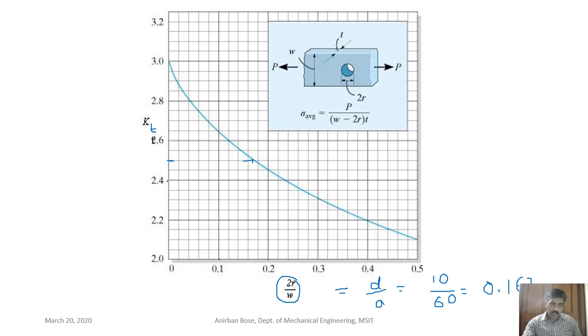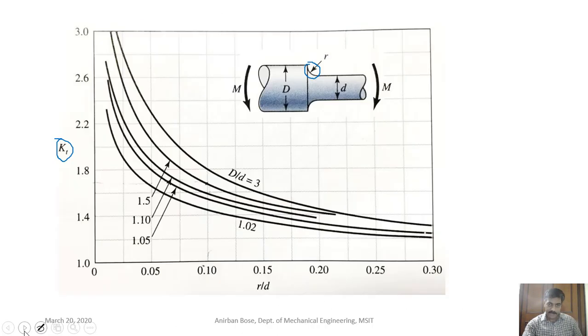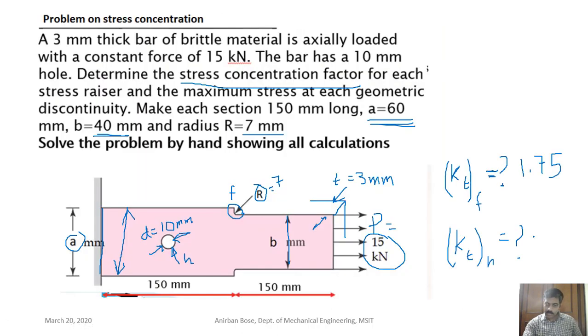Here it is 2.4, 2.45, 2.5. Okay, so this value is 2.5. So we found the stress concentration factor: 2.5.